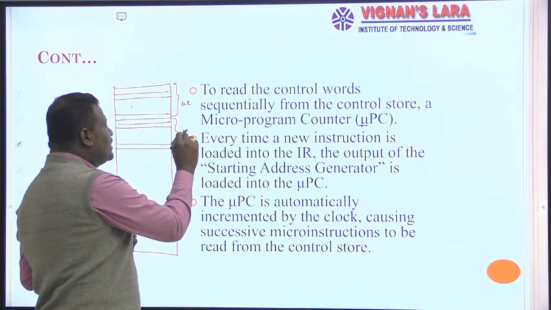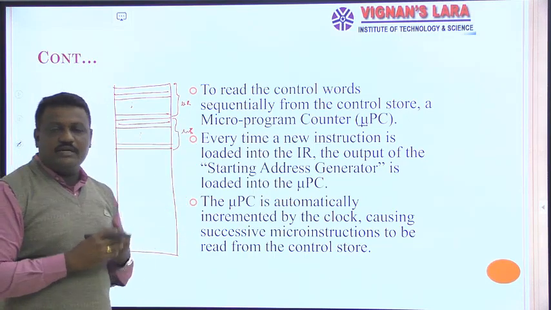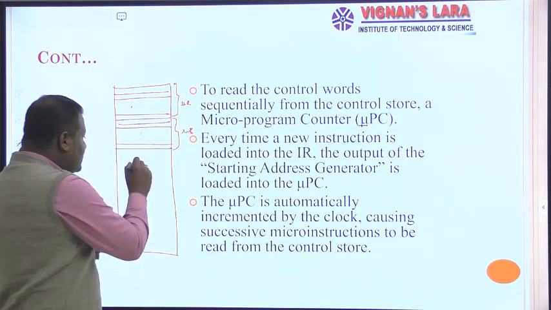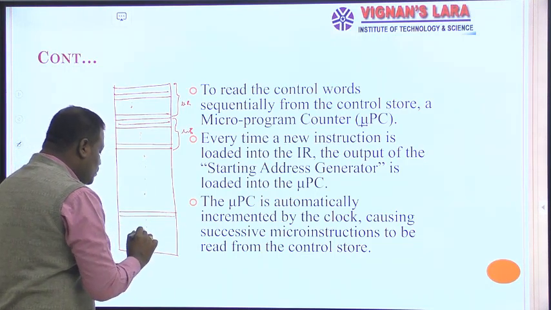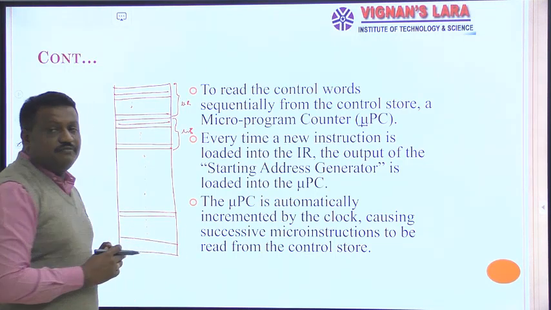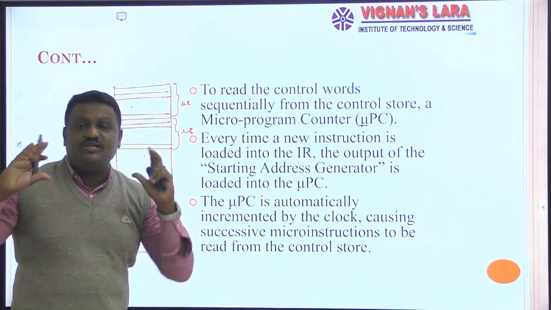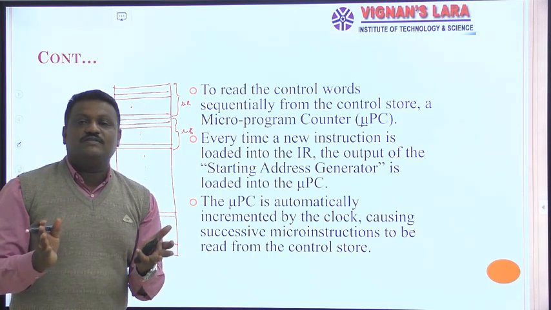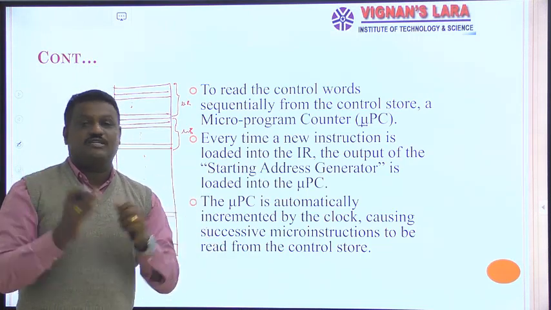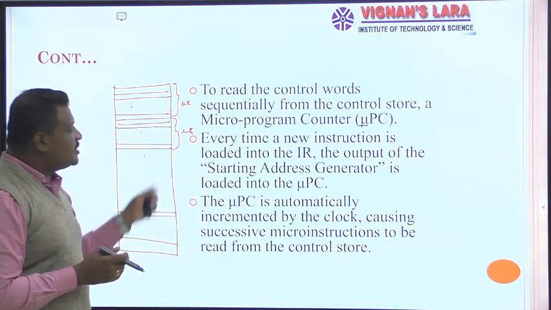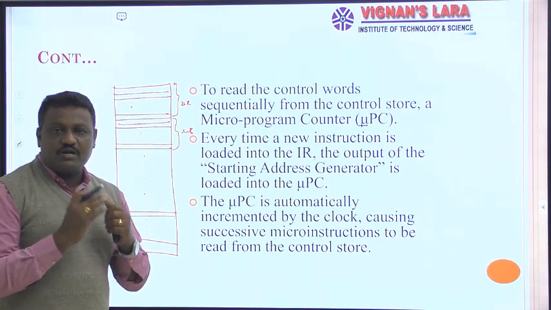I can also call it a micro routine or a micro program. Like that, my control store or control memory can hold different routines which are used for generation of different control signals for execution of the instructions which exist in my instruction set. So this is my control storage or control memory.